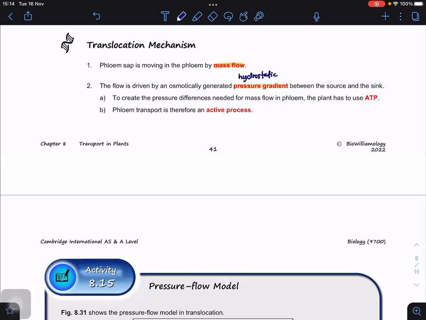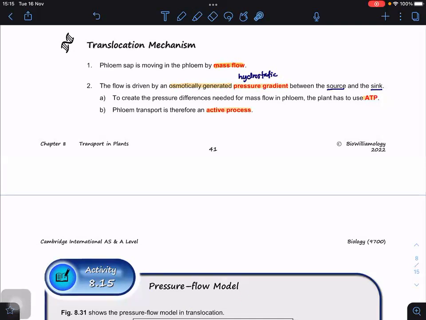In this case, the hydrostatic pressure gradient is due to osmosis, so it is an osmotically generated pressure gradient between the source and the sink. In order to achieve this, we have to use active transport, using ATP to generate this pressure gradient. So this model is termed the pressure flow model.